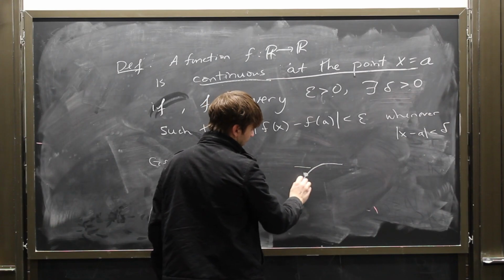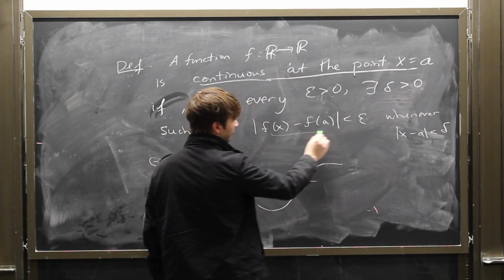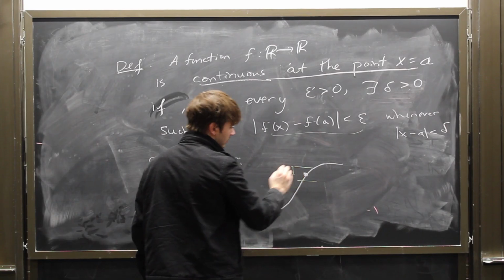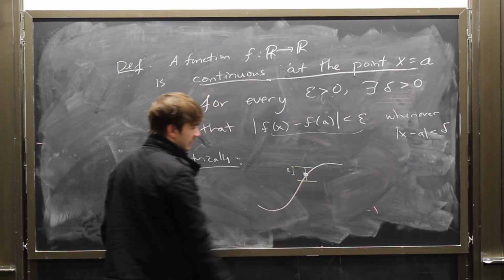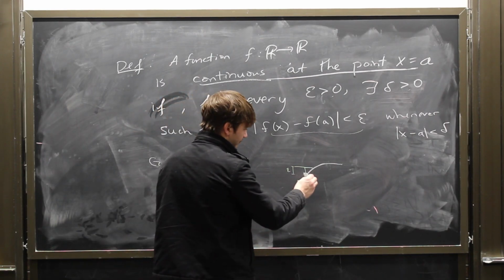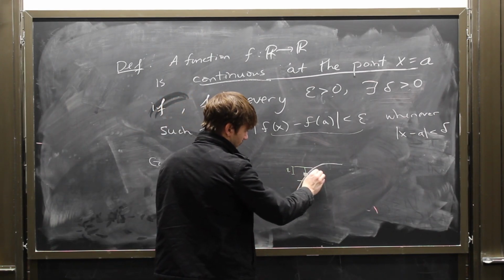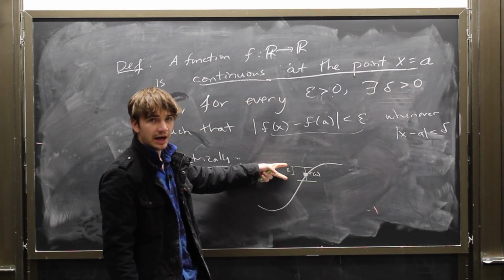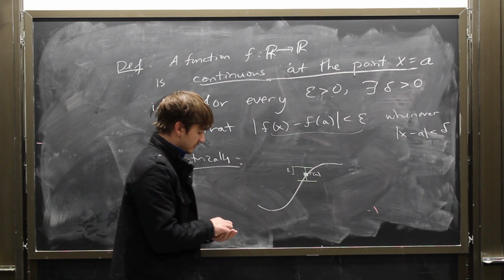So I'm specifying an error in the values of my function, okay? Which is like specifying some bar centered at the value f of a. Here's f of a. And this bar is of height epsilon, okay? Well, height 2 epsilon typically.